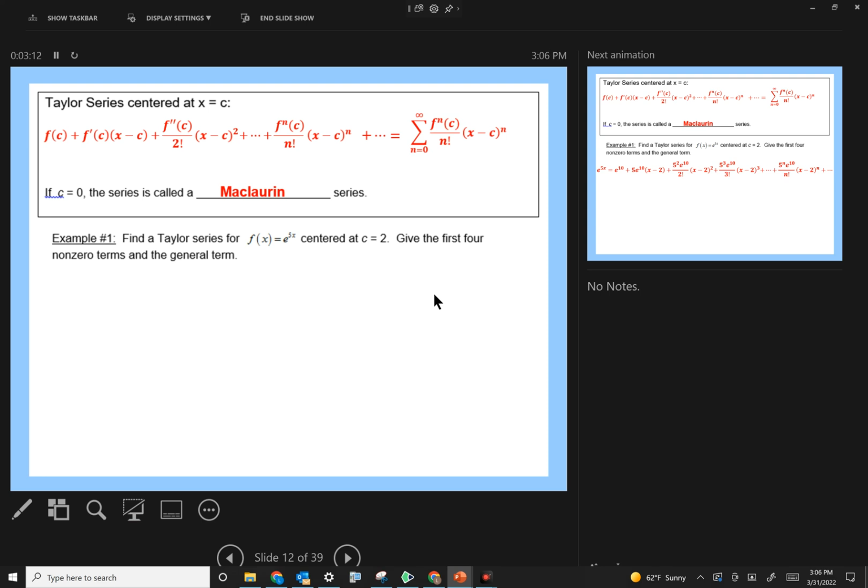So if I plug in a 2, I have e to the 10th, and 5e to the 10th, and 5 squared e to the 10th, 5 cubed e to the 10th, and 5 to the 4th e to the 10th. So again, yeah, it's monotonous because it's the same thing, but hey, I'll take it. Could be way worse.